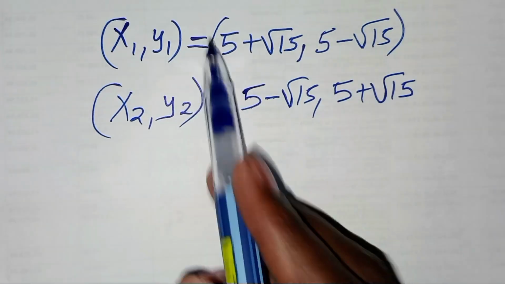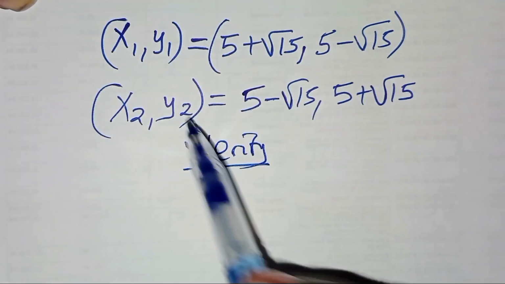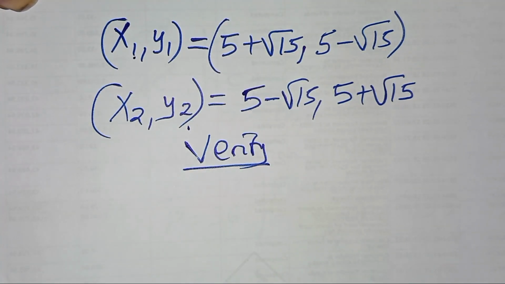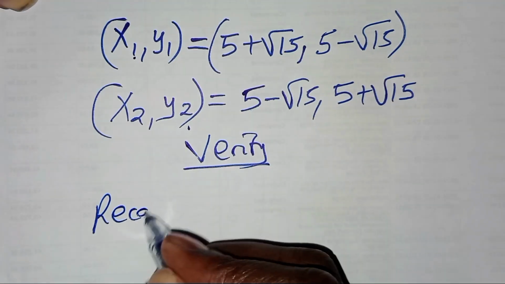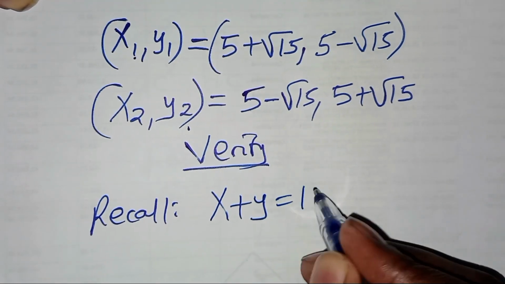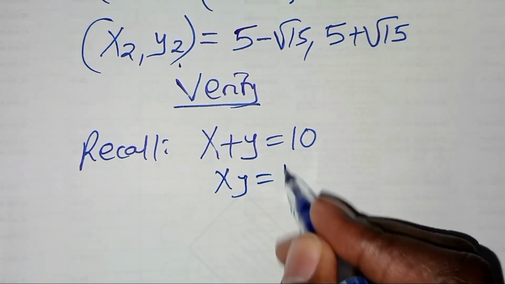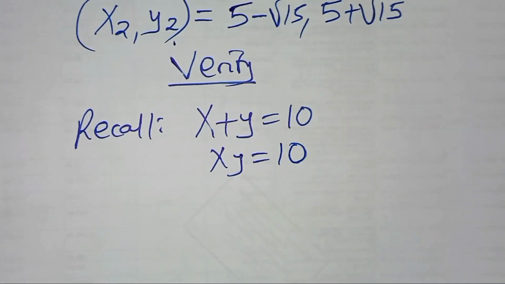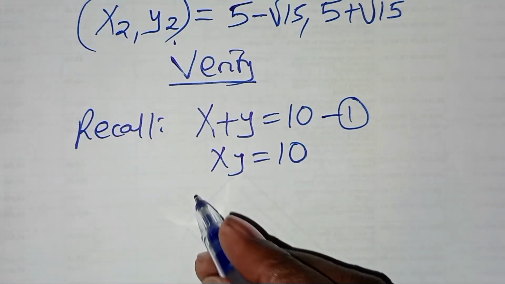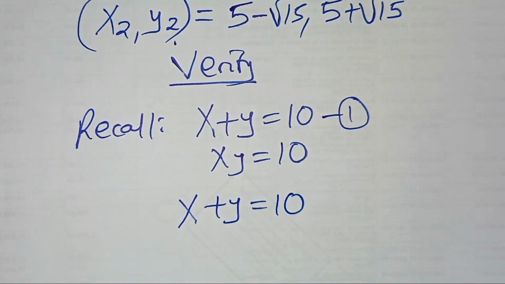So given this set of solutions, let's verify that these two sets of solutions, x1, y1 and x2, y2, satisfy the equations. If you recall, we have x plus y equal to 10, and also x times y equal to 10. We can use equation 1. From equation 1, x plus y should give us a value of 10.